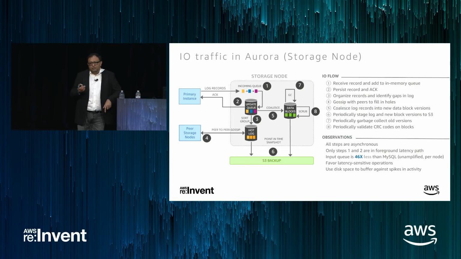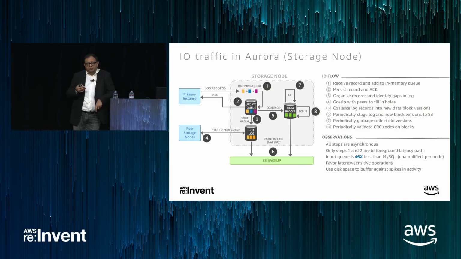And every so often, if we have space, we'll scrub them to make sure that our CRC checks are valid, and then we'll do backups of both the log and the data blocks to S3 before we can garbage collect. So the observation here is that all of these steps are asynchronous. Only steps 1 and 2 are in the foreground latency path.